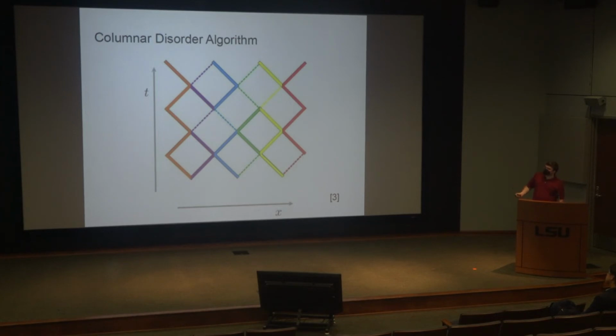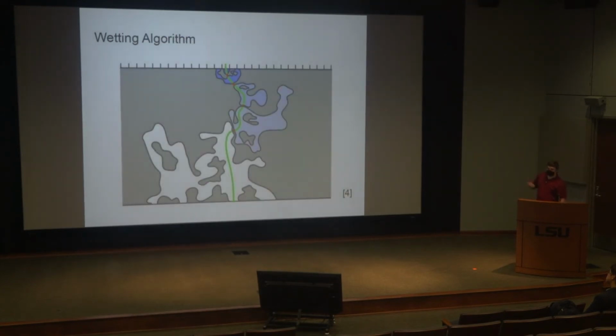So the program creates a lattice with columnar disorder. It has a different probability in each qubit, and then it performs something called a wetting algorithm. You can kind of envision it as maybe pouring water over this lattice and seeing how many cuts you have to make for the water to flow to the bottom.